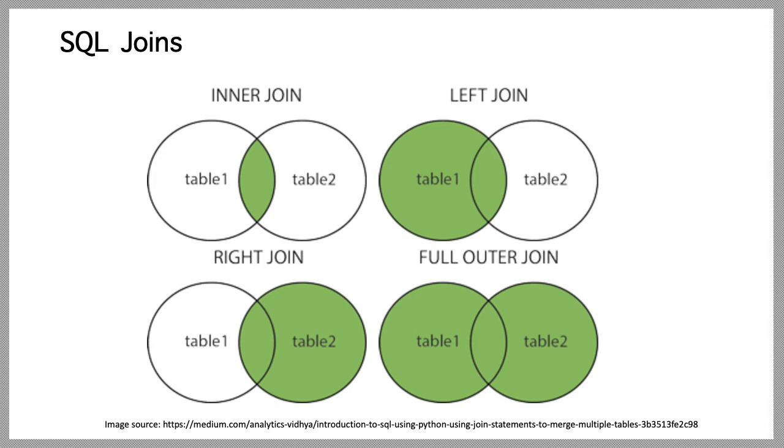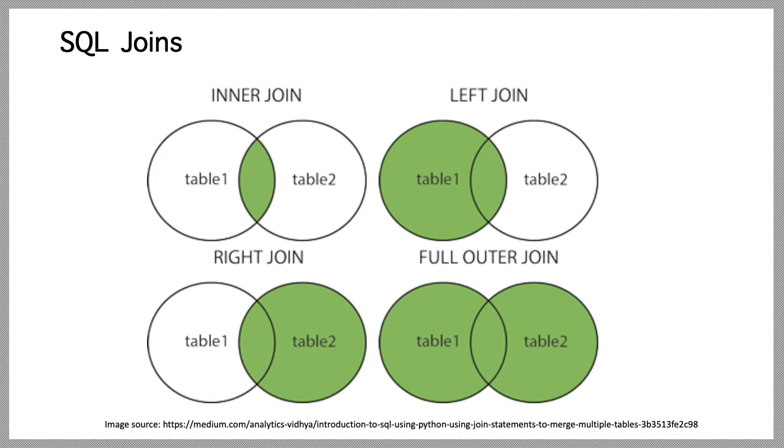Now that we've learned how to query a single table in an SQL database using an SQL statement, let's think about what happens if we have more than one table, which is often the case.